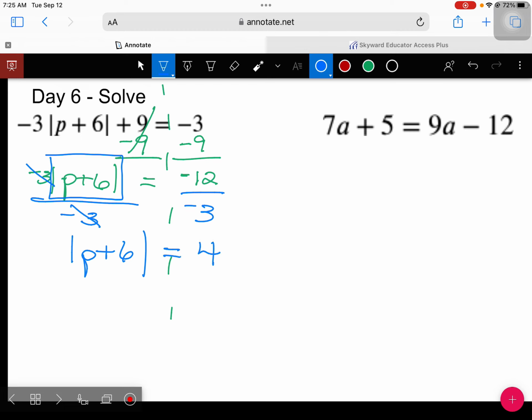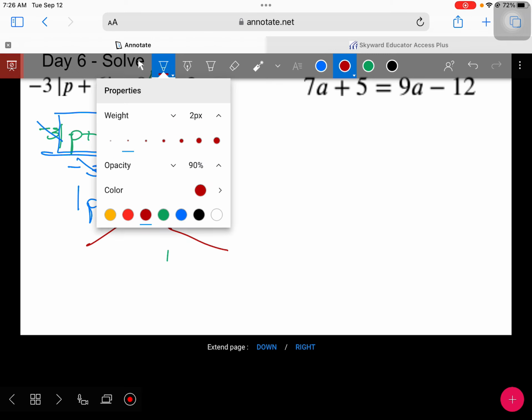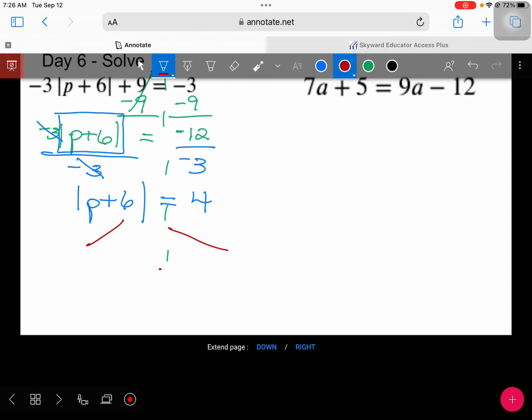I have the absolute value of P plus 6 is equal to -12 divided by -3, which is +4. Is that isolated on one side of the equation by itself? Yes. So what do I do now? Separate, right? Isolate and separate. So this becomes P plus 6 is equal to the +4.